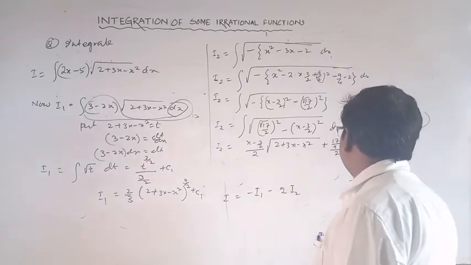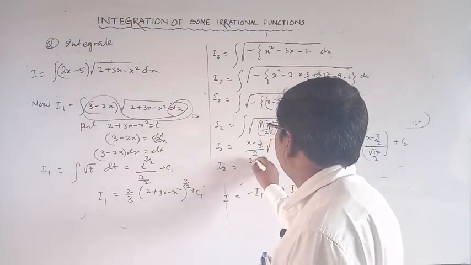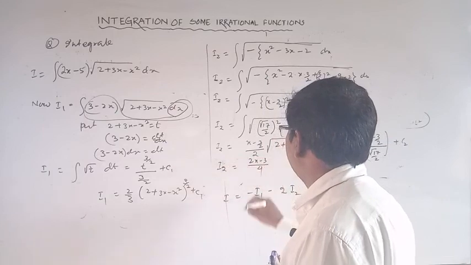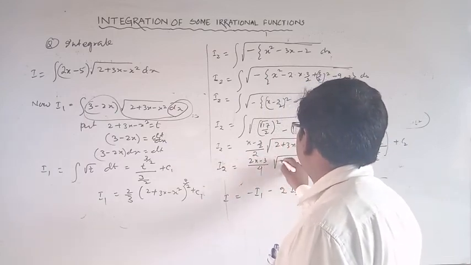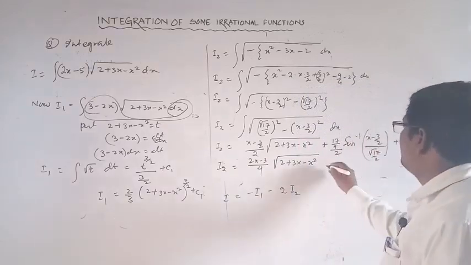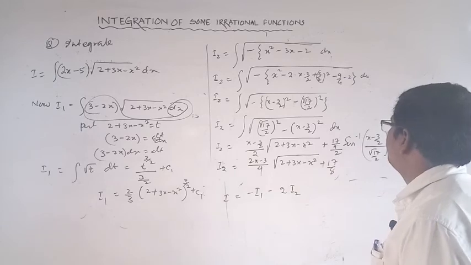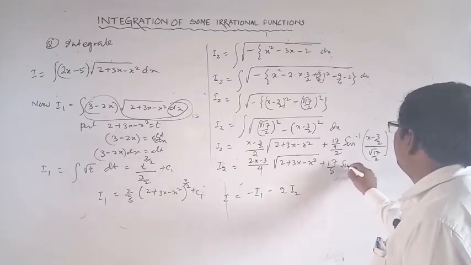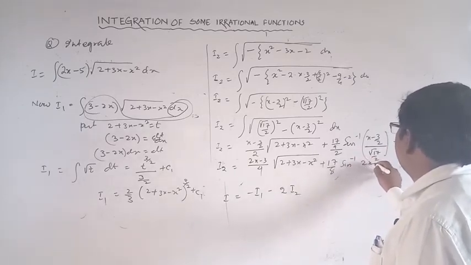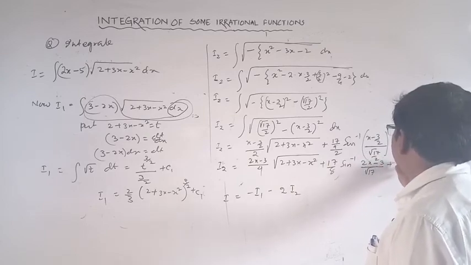Now this is equal to what? So I2 is equal to (2x minus 3) divided by 4 and root over 2 plus 3x minus x square, and this is 17 by 8 sine inverse (2x minus 3) divided by root 17, plus c2.